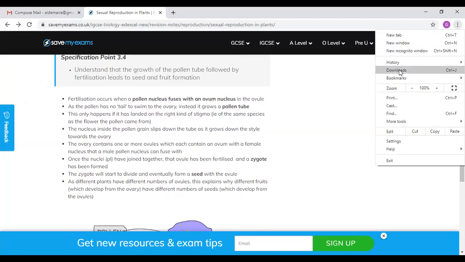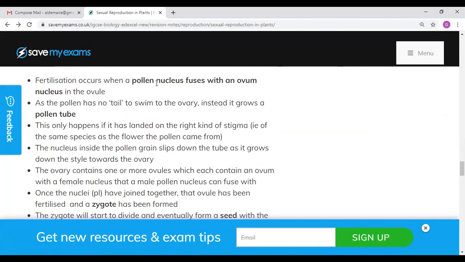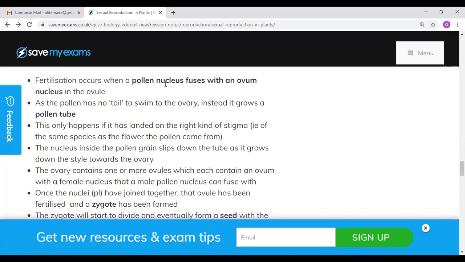So it says here that fertilization occurs when a pollen nucleus fuses with an ovum nucleus in the ovule, right? So you have to have fusion of the nucleus in the pollen grain with the ovum nucleus in the ovule.